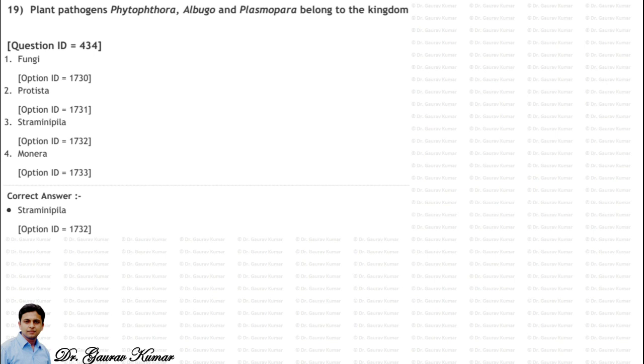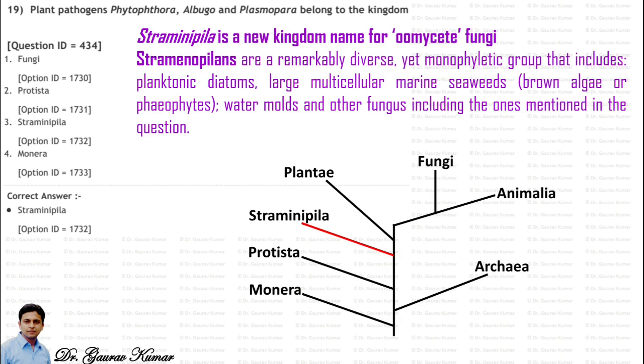There I have shown you the inclusion of a separate kingdom, the Stramenopila, or Stramenopiles. There I have told you that Phytophthora, Albugo, Plasmopara and some other fungi are also kept in this Stramenopila. But let's read a little bit about this. Stramenopila is a new kingdom name for oomycete fungi.